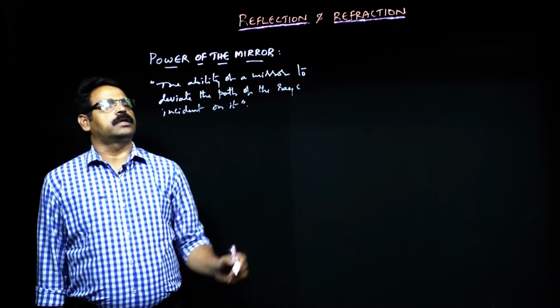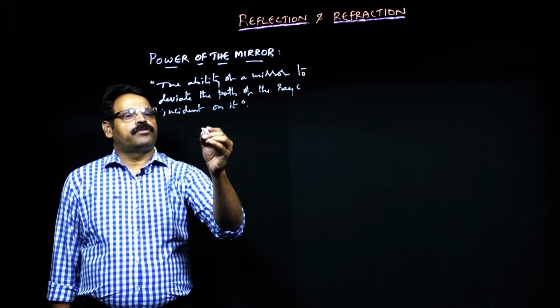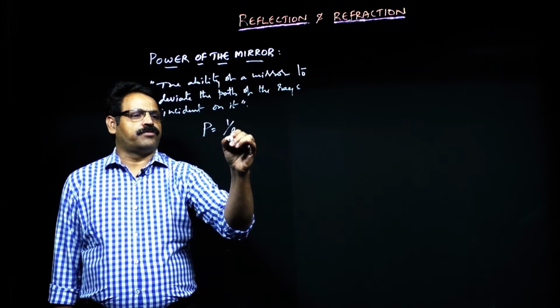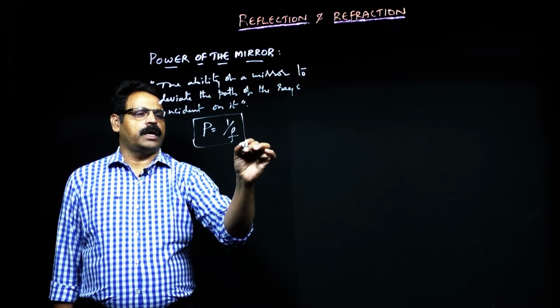That means how far it can deviate this. So here you can think of power as the reciprocal of focal length, 1 by f. So power of the mirror can be defined as 1 by f.